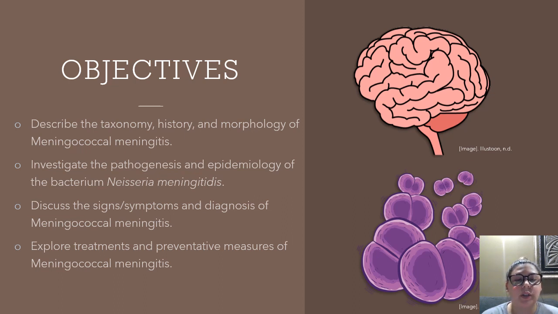We will also address its pathogenesis, how it causes infection, the signs and symptoms that the body may present, how this disease is diagnosed, its epidemiology, so where it is prevalent and how it spreads, and lastly, treatment and prevention options.